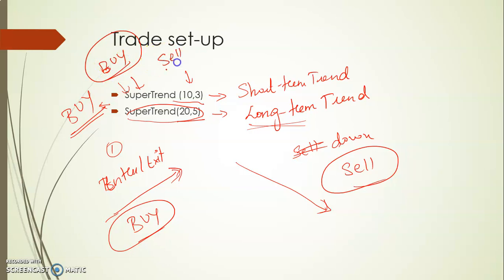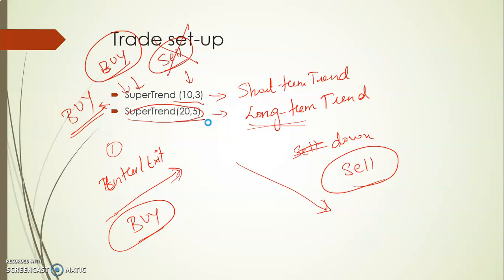If the short term indicator gives a sell signal, then don't enter any sell signal, because it is like you are riding against the wave. Okay, so when the long term indicator gives us a buy signal, do only the buy trade using the short term indicator. When the long term indicator gives us a sell signal, trade only on the sell side using the short term indicator. Okay, that is the strategy.